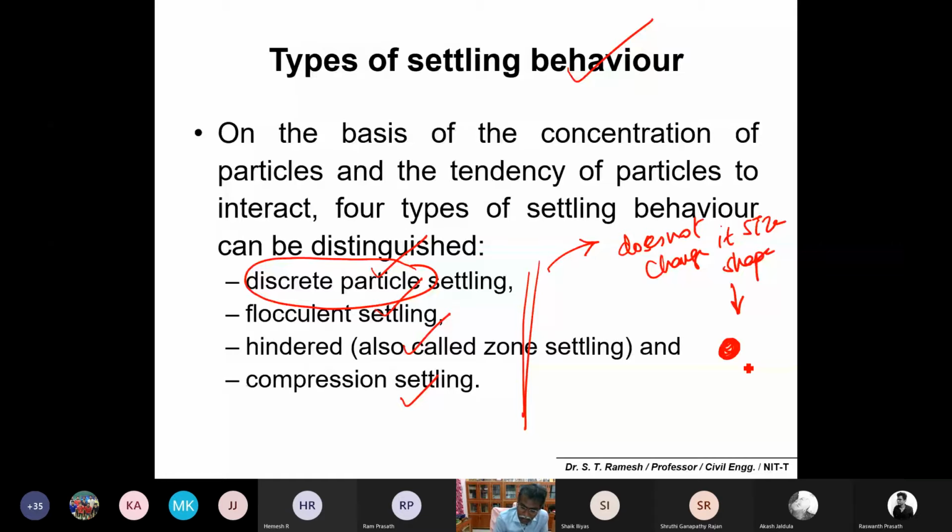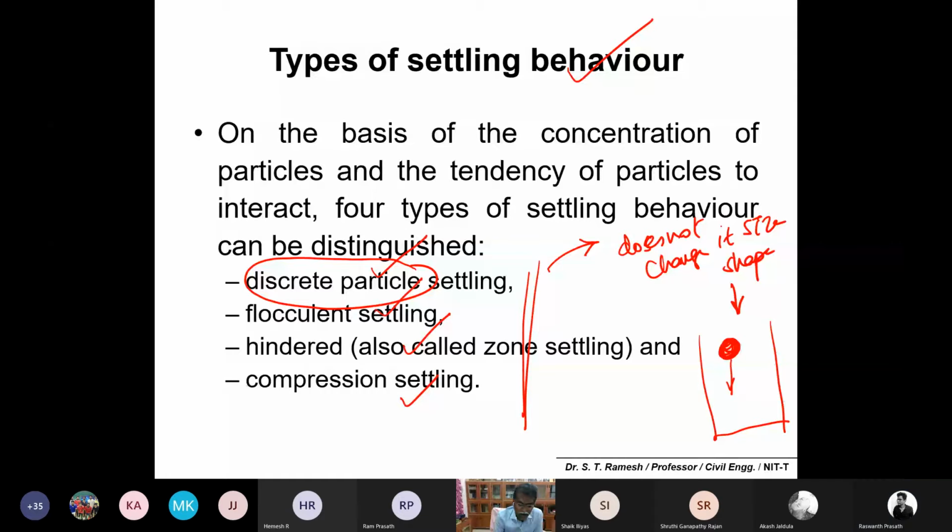That type of settling is called discrete particle settling, or simply type 1 settling.